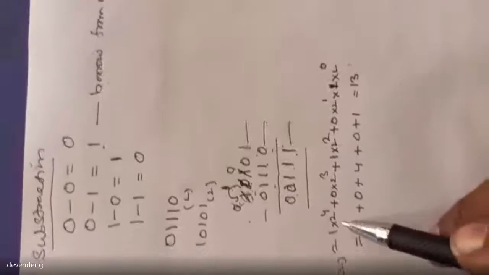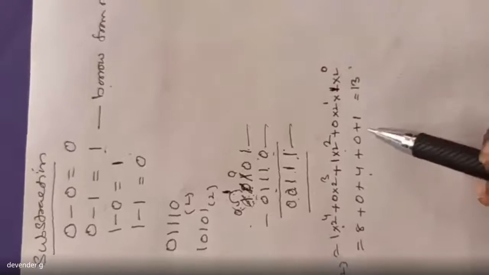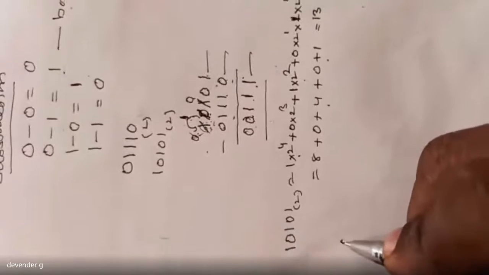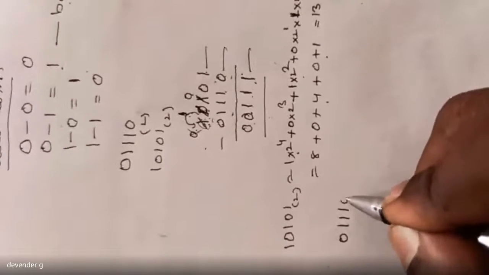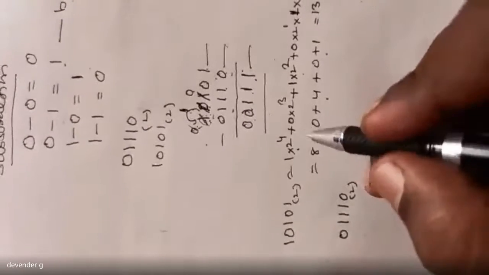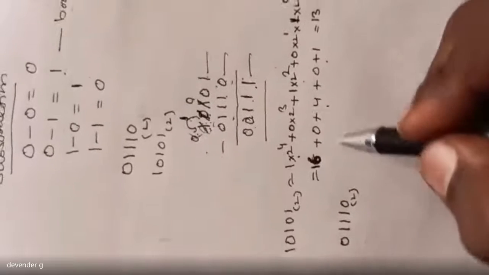Now what about this one? Go for the other one. 0 1 1 1 0 base 2. 2 to the power of 4 is 16.